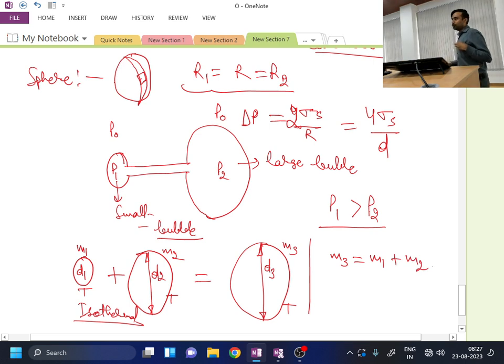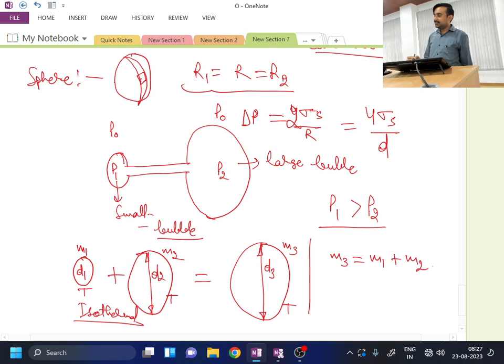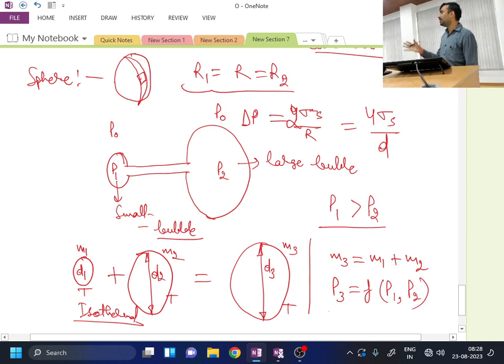What you have to do is derive the relationship between the pressures and diameters of the two bubbles. So ultimately you have to find the pressure of the third bubble as a function of the pressure of the first bubble and the pressure of the second bubble.